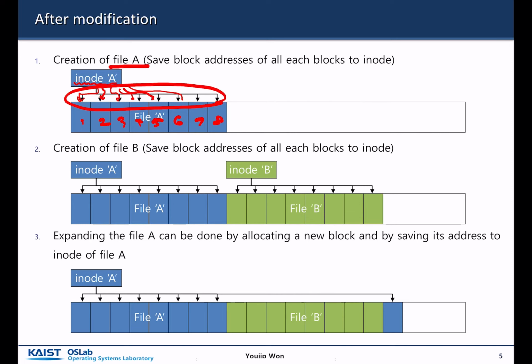At the creation of the next file, file B, you create 8 blocks with 8 pointers. And if you want to expand file A, then you allocate another block wherever there is a free block, and set the 9th pointer to point to the newly allocated block. Then we can extend the file. So that's what you are required to do.